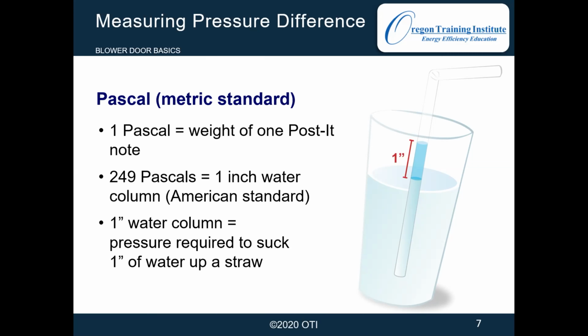If we had 0.1 inches of water column, 1/10, then that's basically 25 pascals. Or if we had 1/2 inch, that'd be 125. The real conversion is like 249 and some fraction, but everyone is going to round it to 250.